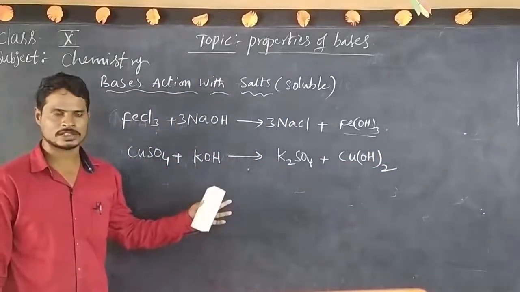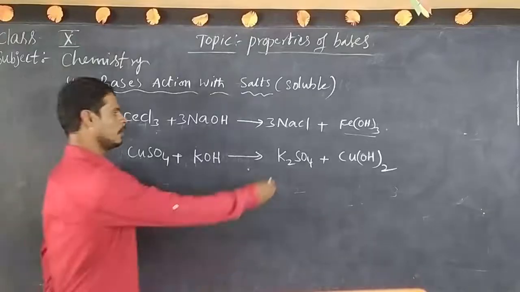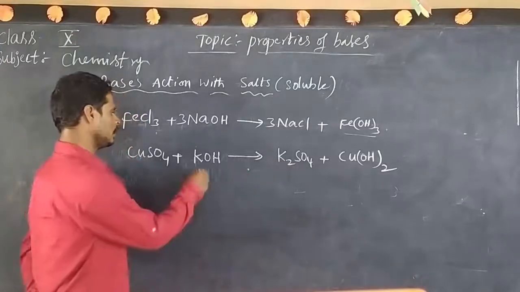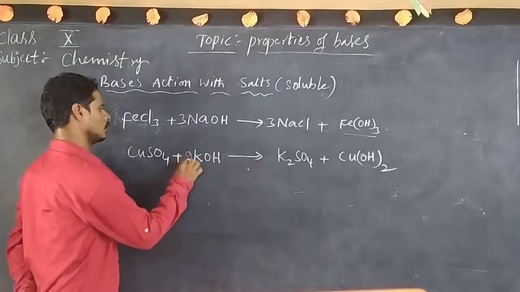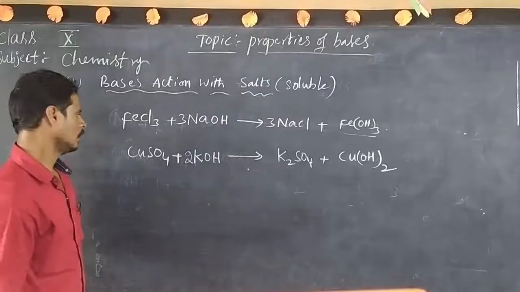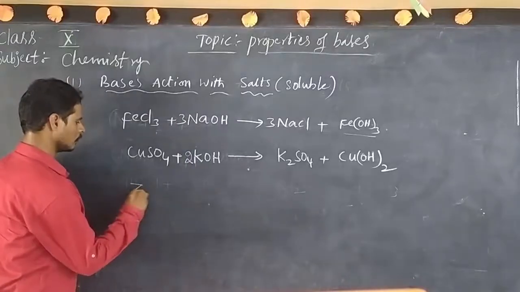Is the equation balanced or not? Check it. How many potassiums are here? 2. But here how many? 1. 1 becomes 2. What is the suitable number? 2. Now it is balanced.